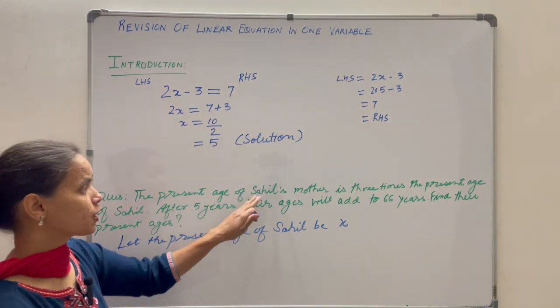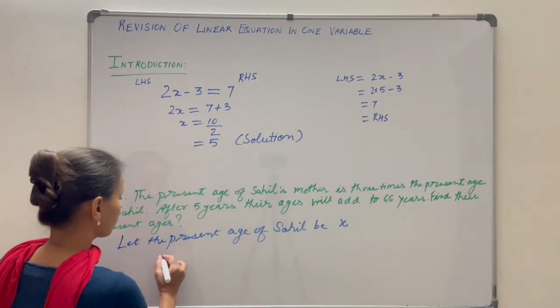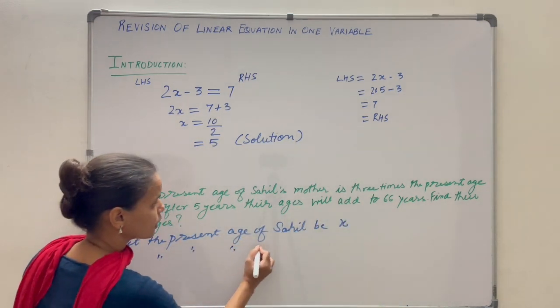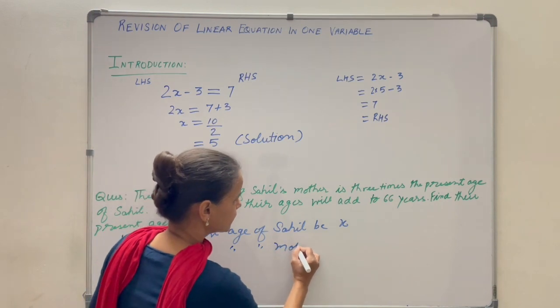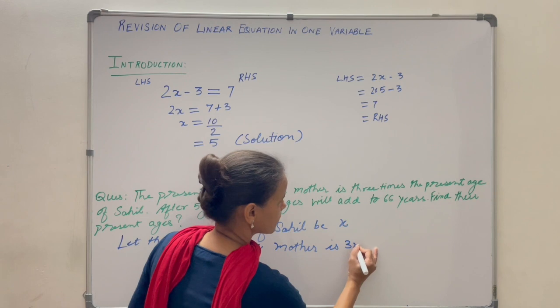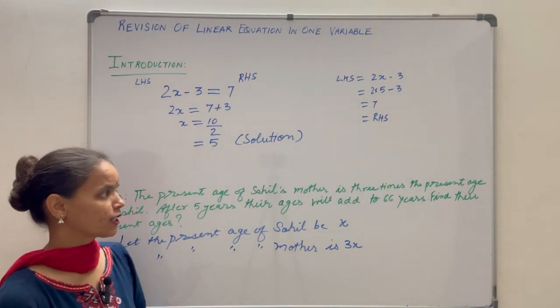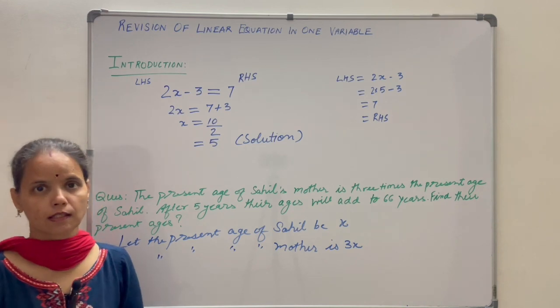Mother's age is 3 times Sahil's age, so the present age of mother is 3x.